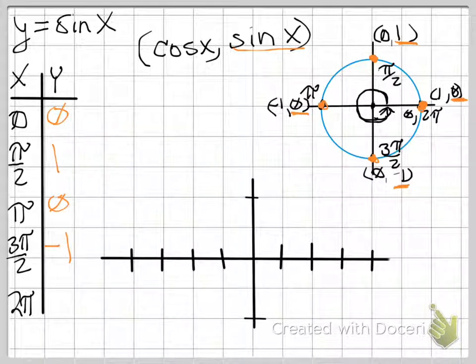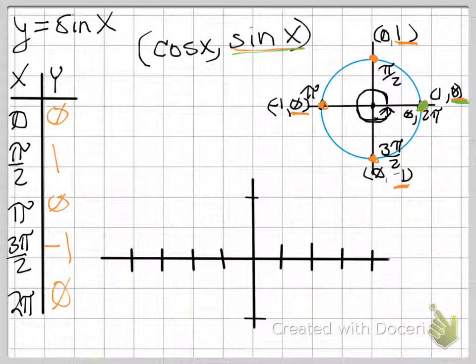And if I'm going all the way back around, I'm back up here. Use a different color. I still want my sine of x. It's still on the right-hand side. The answer is 0. So, using what I have on this table, I'm going to plot my points.